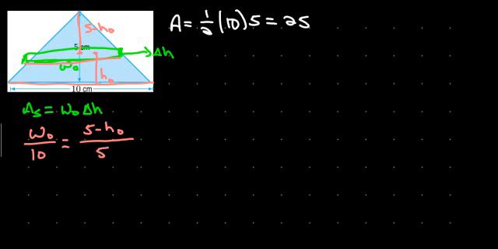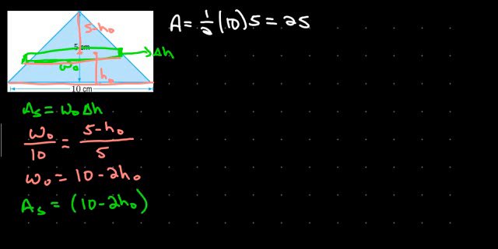Okay, and so now multiplying both sides by 10, we get W naught equals, 5 goes in 10 2 times, so it leaves us with 10 minus 2 H naught. Okay, so now we get that the area of our slice equals 10 minus 2 H naught times delta H.